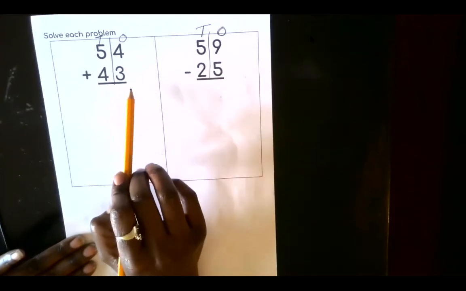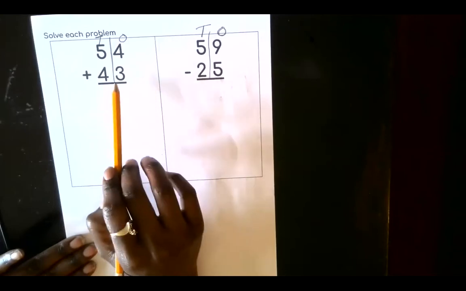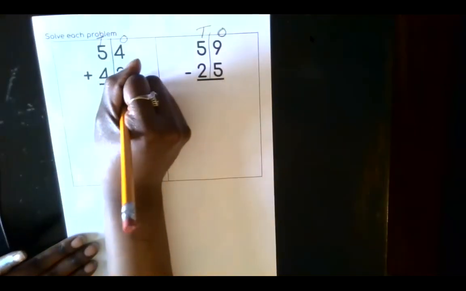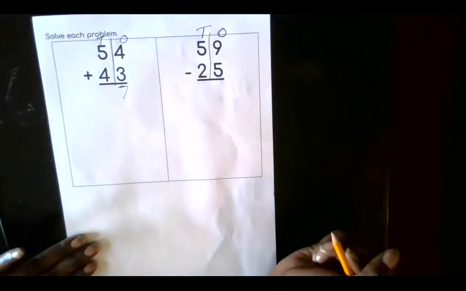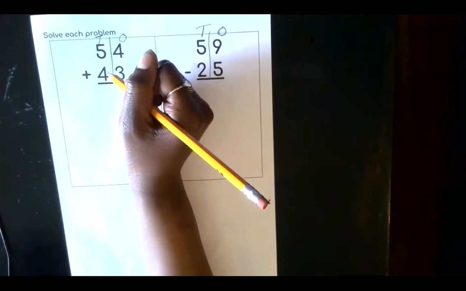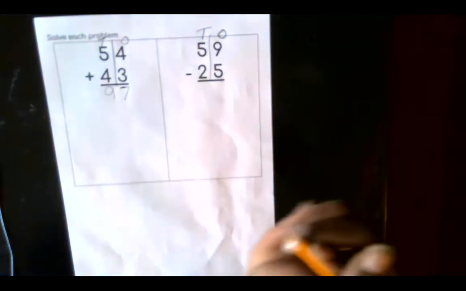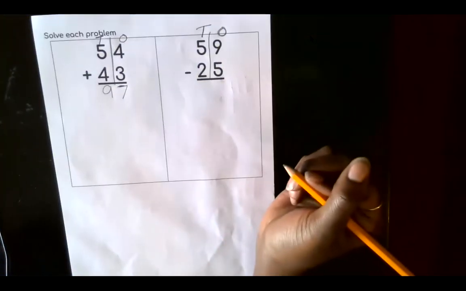Because I know my doubles, if 4 plus 4 equals 8, 1 less would be 7. So 4 plus 3 equals 7. 5 plus 4. If I know that 5 plus 5 is 10, 1 less is 9. So 5 plus 4 is 9. My answer should be 97.